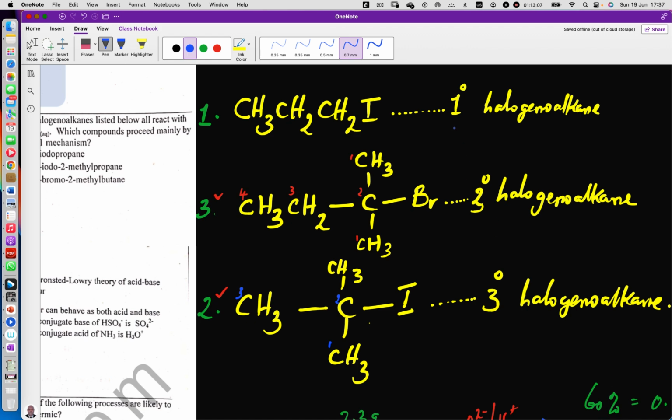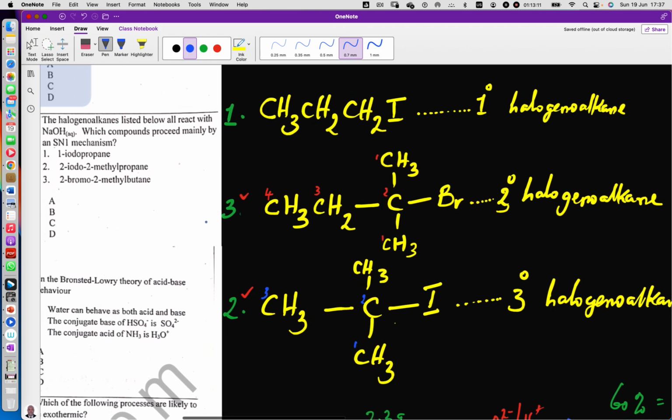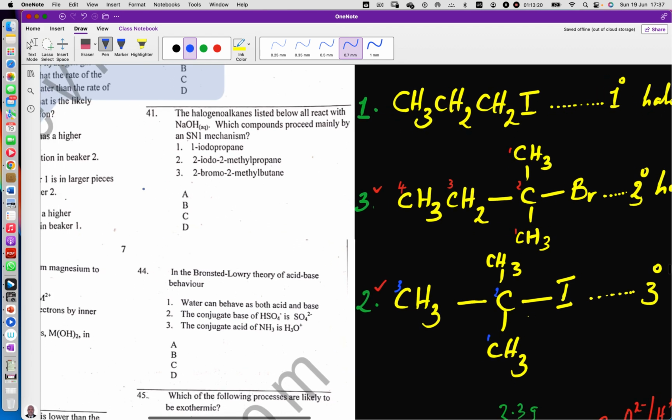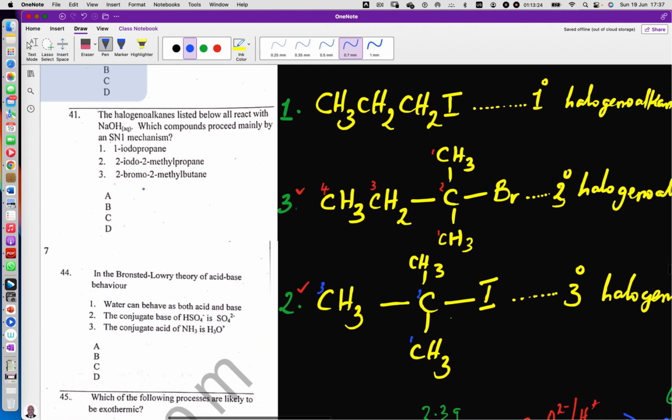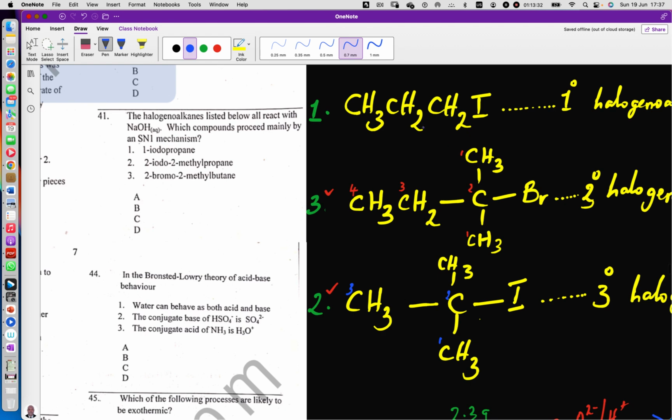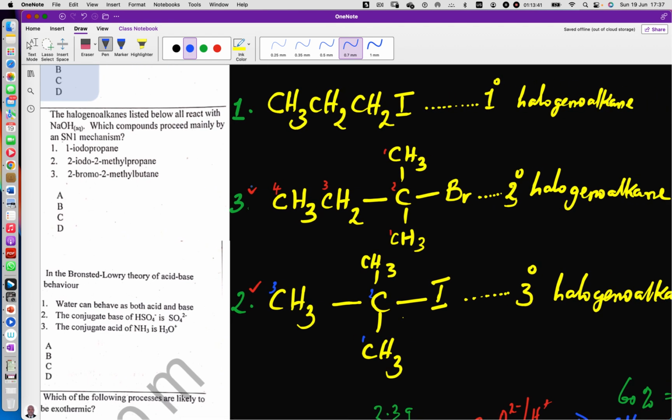In this case, we will have 2 and 3. Reactions that involve 2 and 3, what will they undergo? 2-bromo-2-methylbutane, this methyl. 3 is a tertiary halogen alkane.